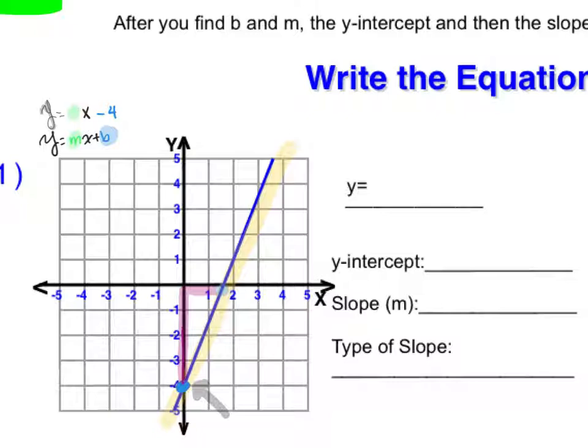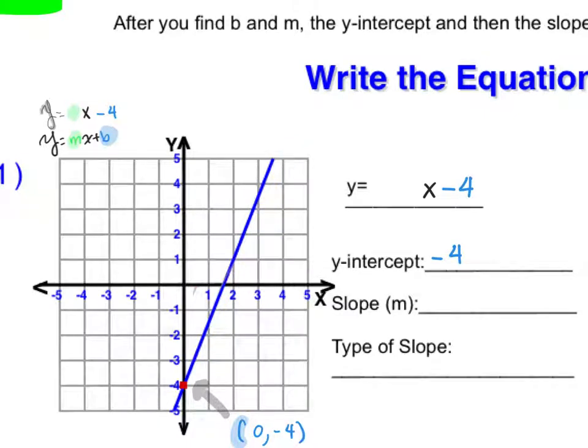Look for what you know. So I know my y-intercept is at 0, -4. Isn't my y-intercept -4? Therefore, go ahead and put your y-intercept right away. Next, you know that you're going to have an x, and then you need your slope. Now, that's where we're stuck here. What is my rise and what is my run of this line?